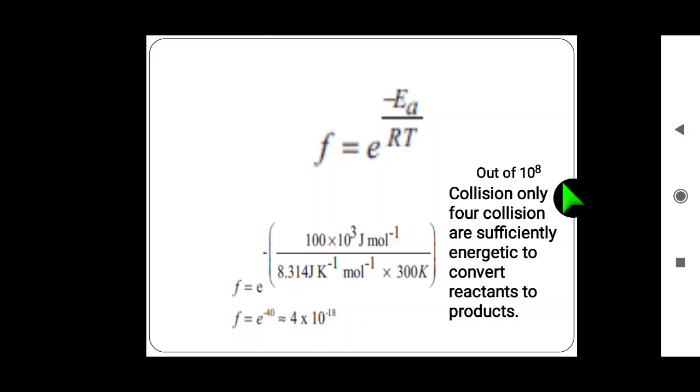So from that we can get that out of 10 power 8 collisions, only 4 collisions are sufficiently energetic to convert reactants to products. That is 4 into 10 to the power minus 18.